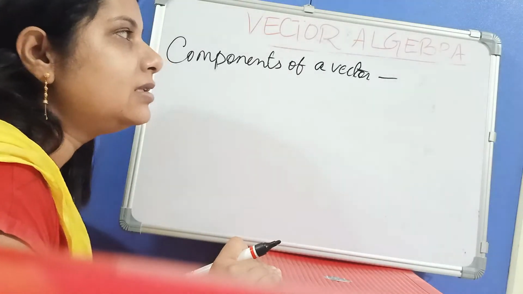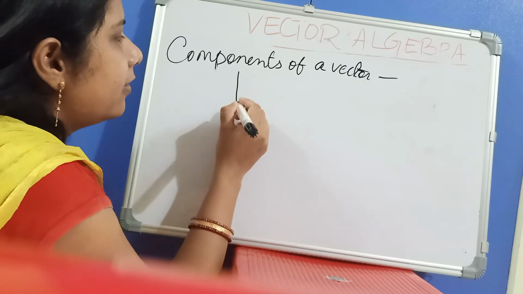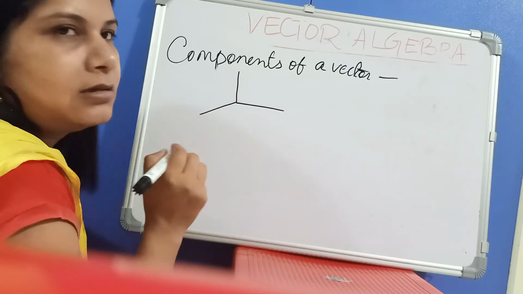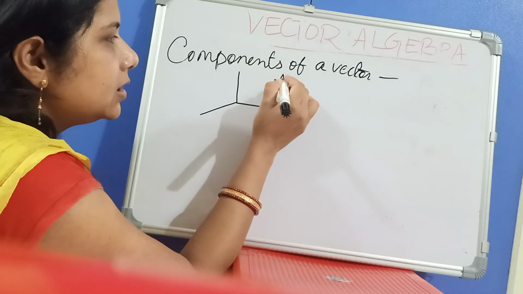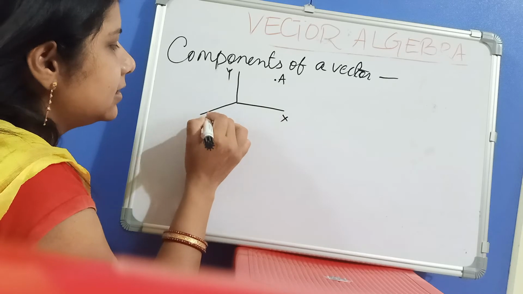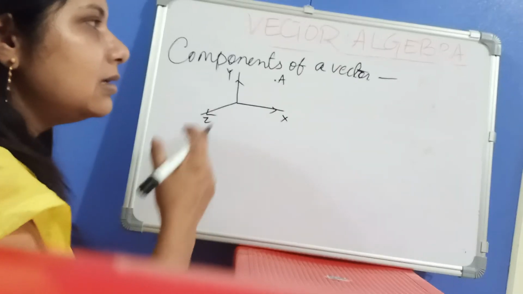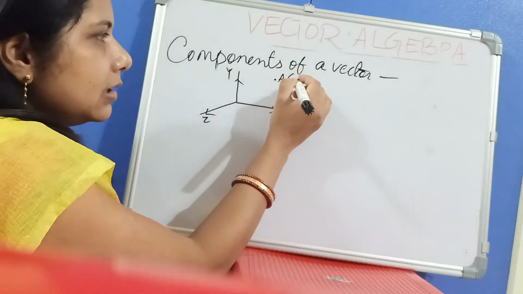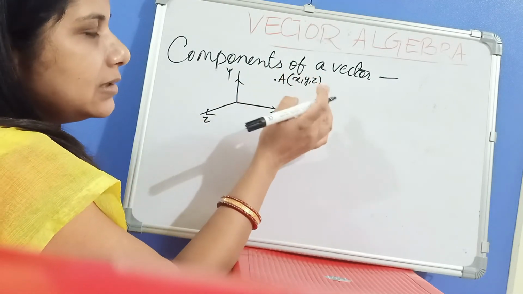Next is components of a vector. So let's say we have 3D. Let's say we have a point A here in 3D. So this is the x-axis, y-axis and z-axis. Since it is a point, it has some coordinates, let's say x, y, z. So what are x, y, z?